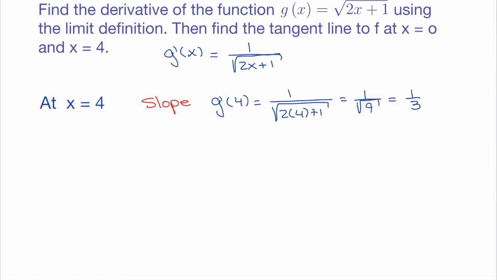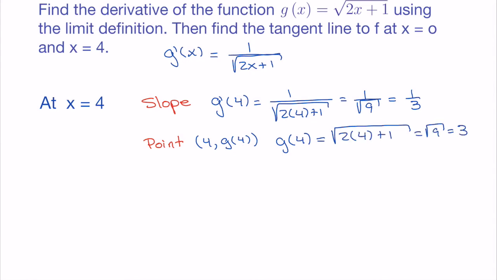That's the slope. The point has an x-coordinate of 4 and a y-coordinate given by g of 4. So we go to the original function and evaluate at 4. So that's square root of 2 times 4 plus 1, which is square root of 9, which is 3. So the point of tangency is going to be 4, 3.